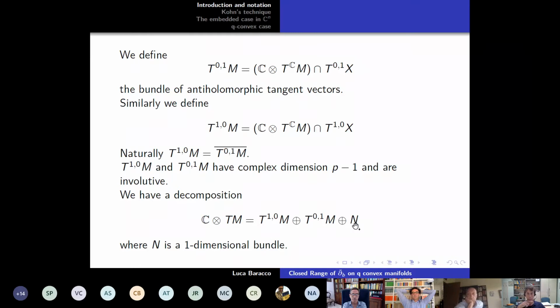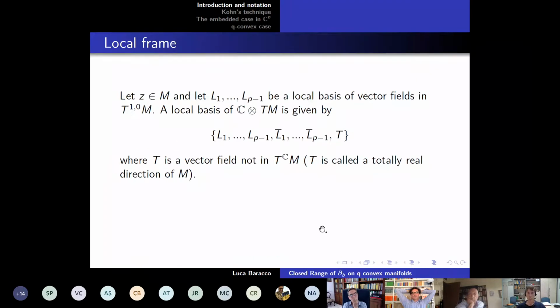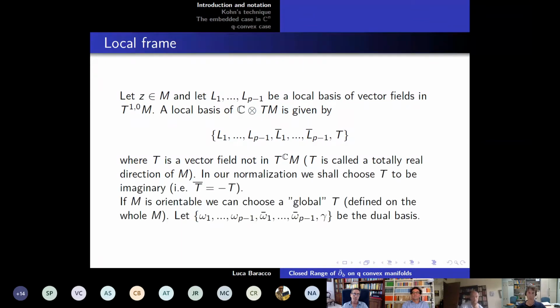In particular, to describe T M locally, we just have to choose p-1 holomorphic vector fields in T^{1,0}M, L_1, ..., L_{p-1}, and to complete this system to a basis, we add the conjugates of these vector fields, and an extra direction that I call T, which is just a vector field not in T^C M. This is called a totally real direction of M.